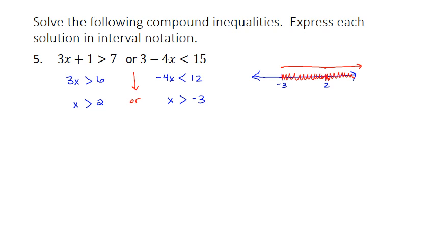Instead, we're going to use the negative 3, and since there's not an equal sign, we're going to use a parenthesis on that. When you express that in interval notation, negative 3 is your lower bound, and since you go to the right forever, you get infinity. That is your final answer. So with "and," they have to cross, but with "or," you have to include both no matter what.